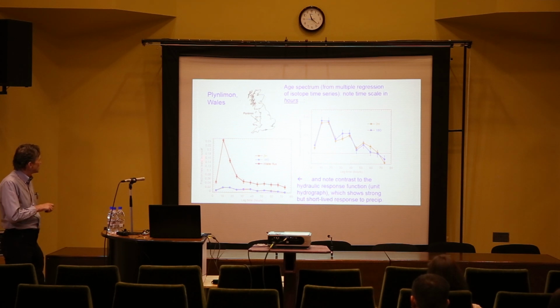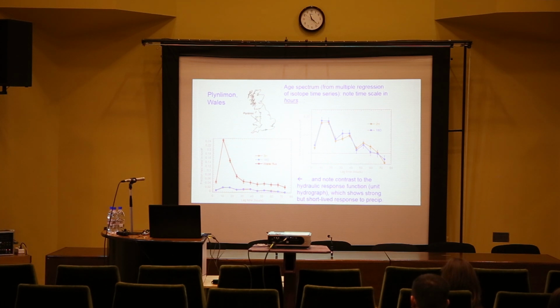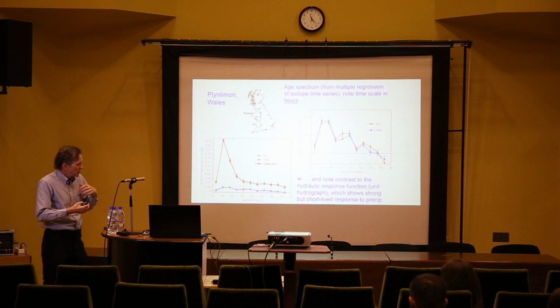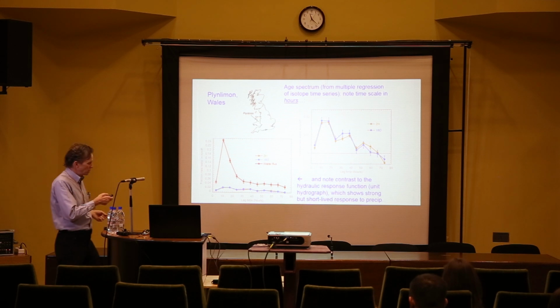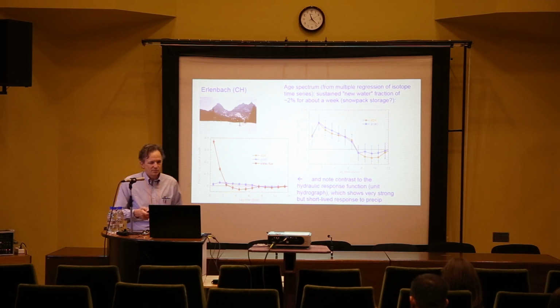And if we put these on the same scale, you can see that this curve here becomes that flat line there. So you can see that, in fact, the system is quite a lot more responsive in transmitting the hydraulic signal of precipitation than it is in transmitting the water itself.